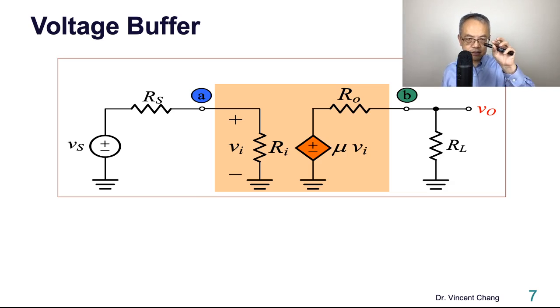There is a voltage controlled voltage source on the output side, with the voltage transfer ratio of Mi Vi. So three components: Ri, Mi Vi, and the output resistance Ro.